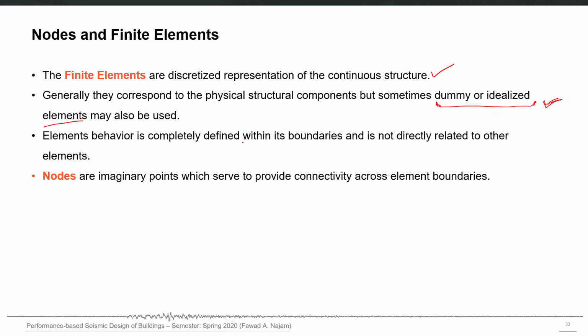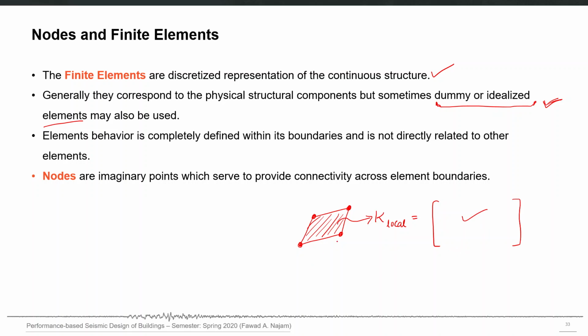Element behavior is completely defined within its boundaries, and it is not directly related to other elements. So for example, if you have a two-dimensional element with 4 nodes at its corners, when we define its local stiffness matrix, K local, in that element only the properties which are between these 4 nodes will be used to define this K local. So there will be no effect from another element.